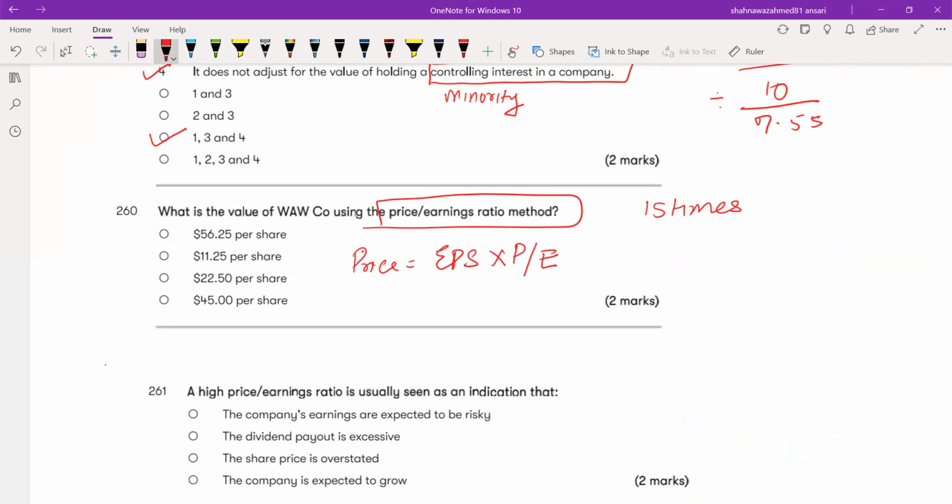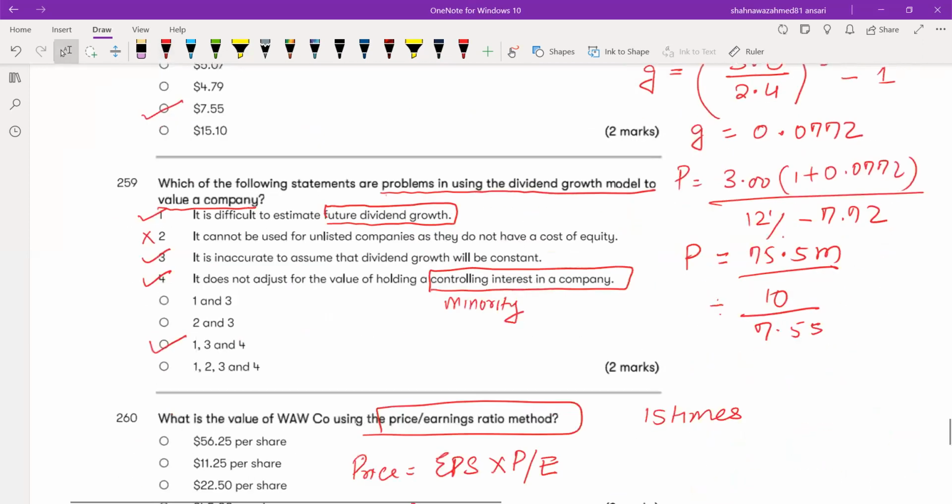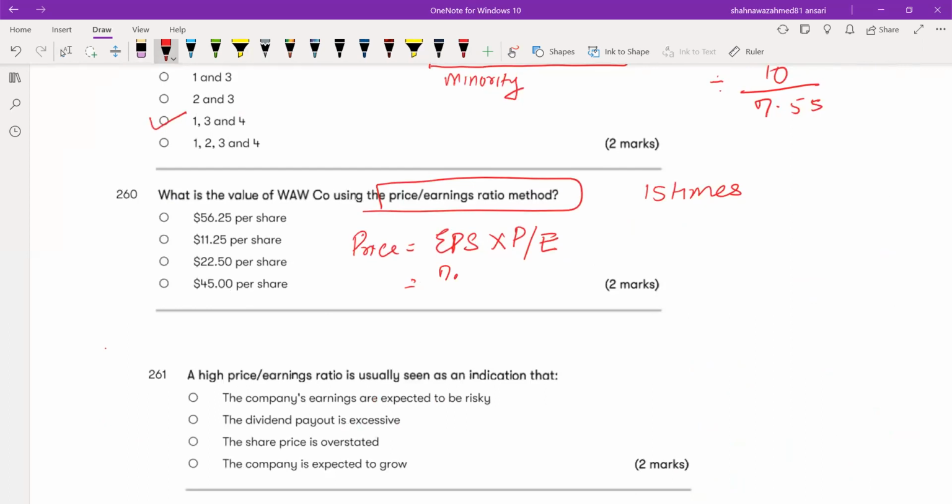We find the EPS: profit after tax for 20X6 is 7.5 million, divided by 10 million, multiplied by 15 times. As a result, the share price is 11.25 per share.